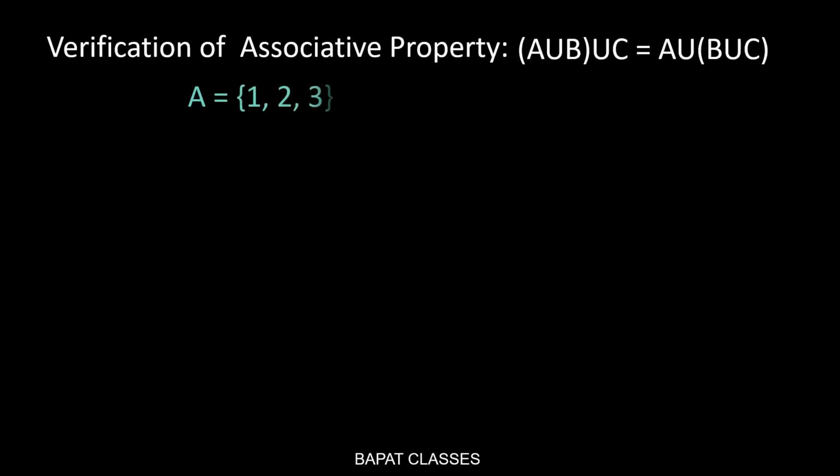Let B set be 2, 3, 4. Let C be 3, 4, 5. To verify this property, we are going to simplify LHS and RHS of this property separately, and then we are going to compare LHS and RHS. We are going to show that LHS and RHS are equal.